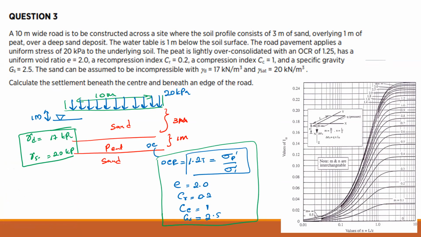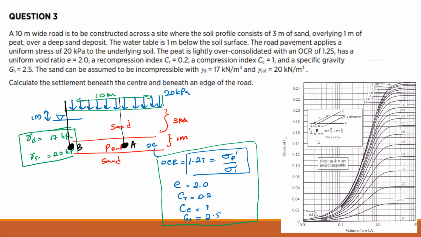They are asking you to find the stress increase at 2 points, one here at the edge, and one at the middle here. So let's put two labels here, A and B. They're asking you to find the settlement at A and the settlement at B. How do we find it?